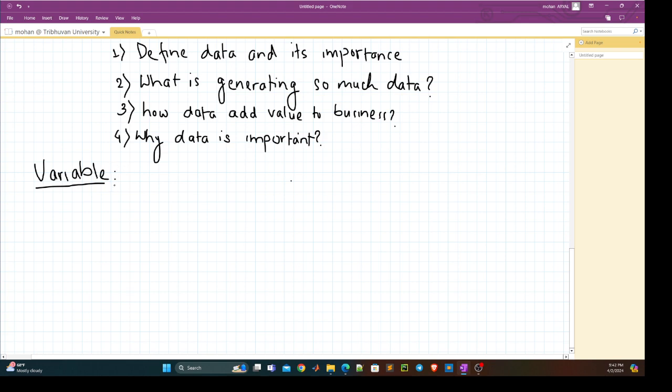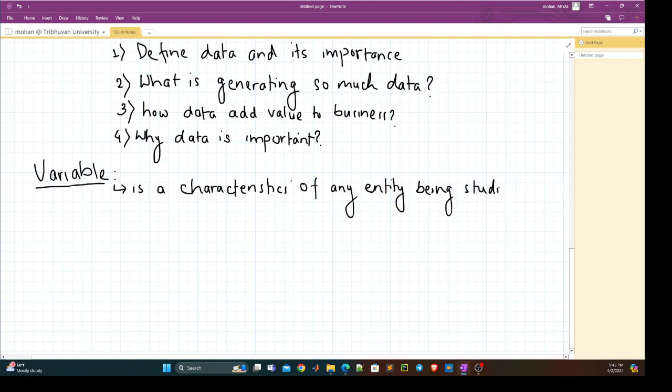Now, if you want to define it formally, then a variable is a characteristic of any entity being studied that is capable of taking different values.